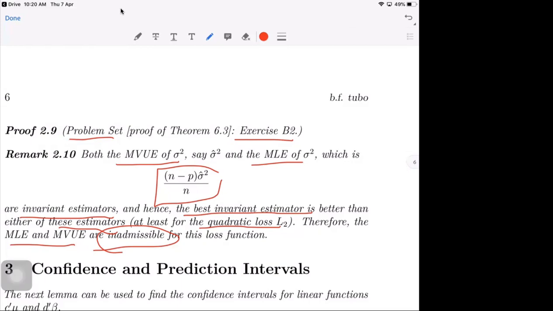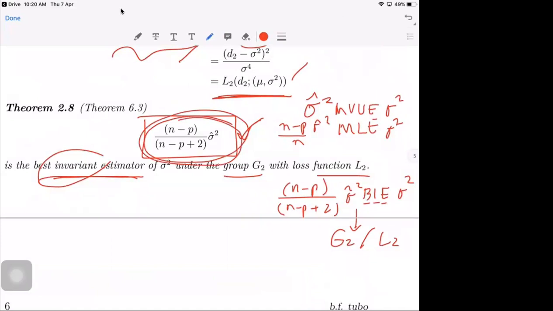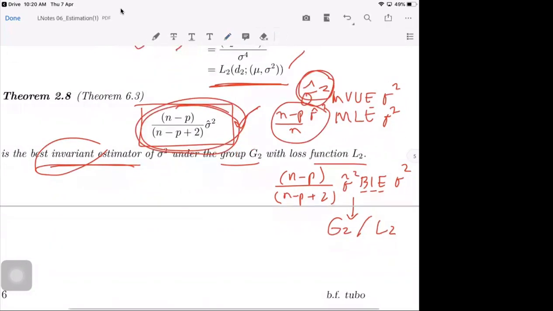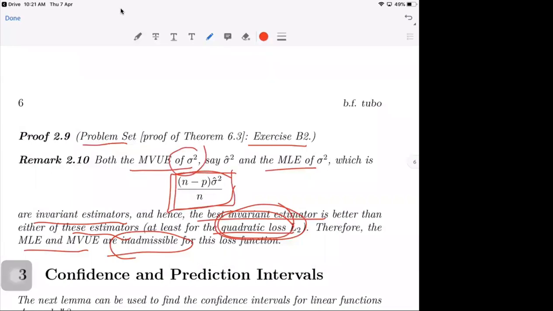It is unusual to use this estimator, you rarely see it, because using sigma hat squared and (N minus P) over N sigma hat squared is also an invariant estimator for at least a quadratic loss function. So what is usually used is either the MVUE or the MLE, depending on what procedure you want to apply in your analysis.